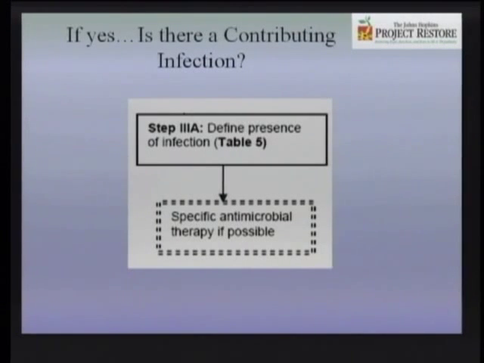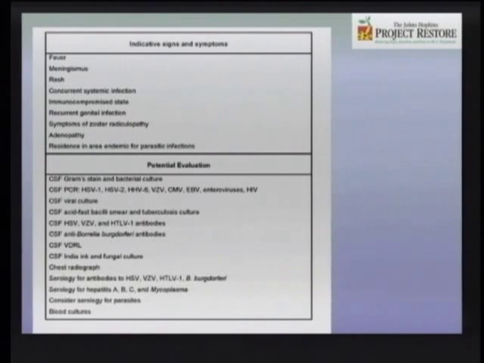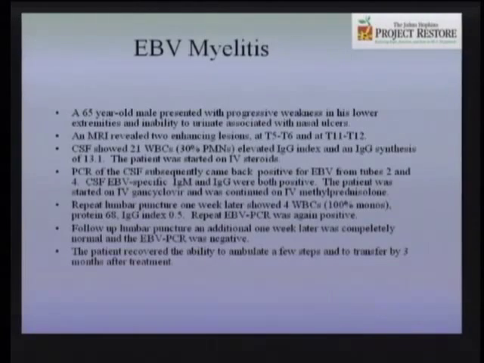So the first thing is to see if it's an infection. Is the inflammation there because it's a direct infection of the spinal cord? And this will be on the quiz at the end, but these are the things you think about, and there's a whole series of tests that we often will run in this context. There is one thing that we see fairly regularly, which is Epstein-Barr virus.